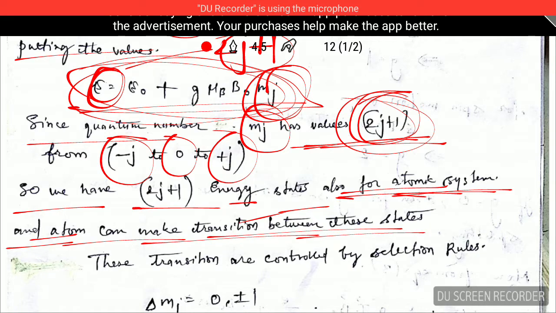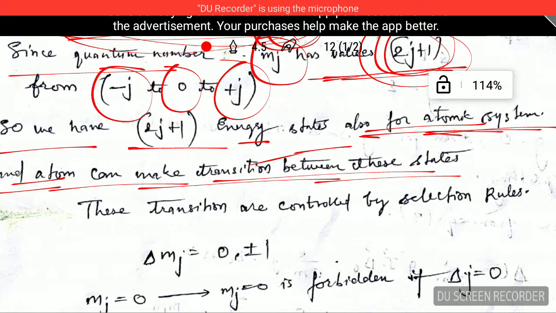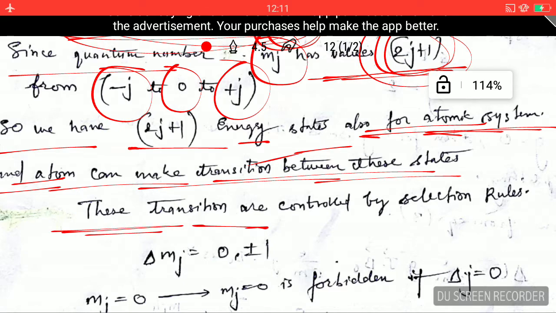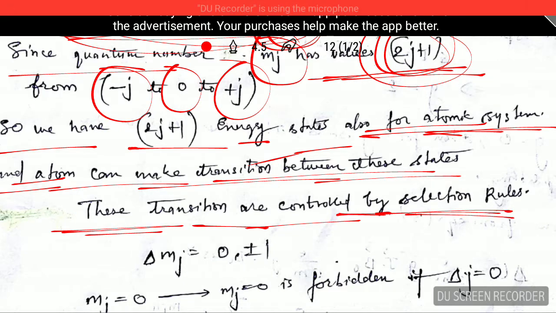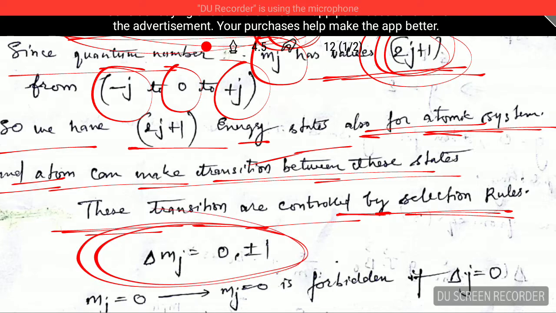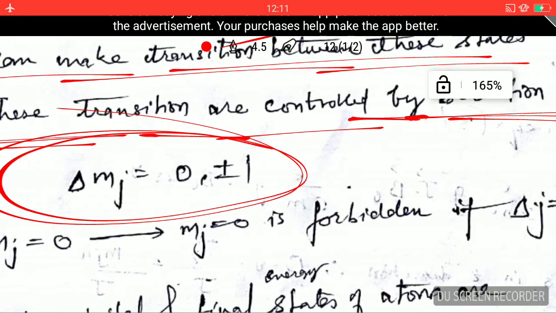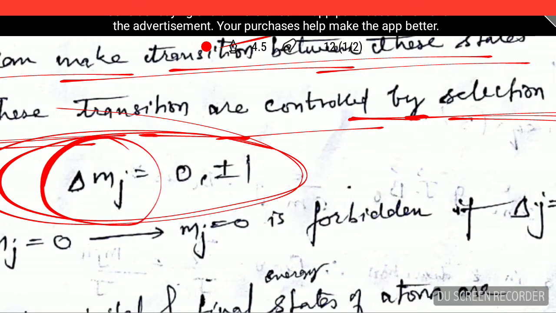So there are 2j plus 1 levels, or atomic states, between which the atom can make transitions. These transitions are controlled by the selection rule, which is as follows. Only those transitions are allowed for which the change in the value of mj is either 0 or plus or minus 1.